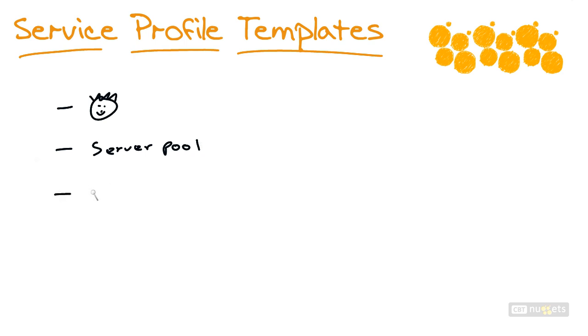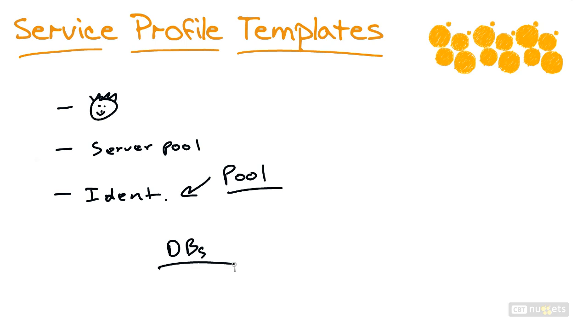Also, think about the fact that we need pooled identities. Okay, so we absolutely have to be using a resource pool concept in order to create our templates. Think about why you would want a service profile template. Maybe there's database servers that you often provision, and maybe these are different from web servers that you provision.